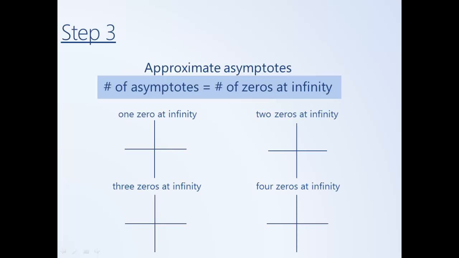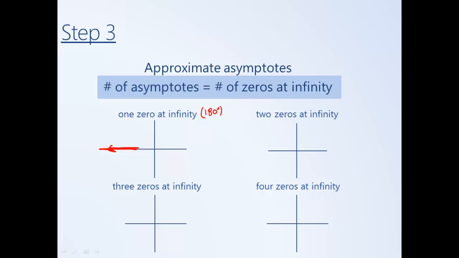And so what we're going to do is just memorize the directions of these asymptotes for some basic cases. When we have 1 zero at infinity, this was the first example we saw, where we had 2 poles and 1 zero, so 2 minus 1 gave us 1 asymptote. That asymptote went off to the left at minus 180 degrees, or positive 180 degrees.